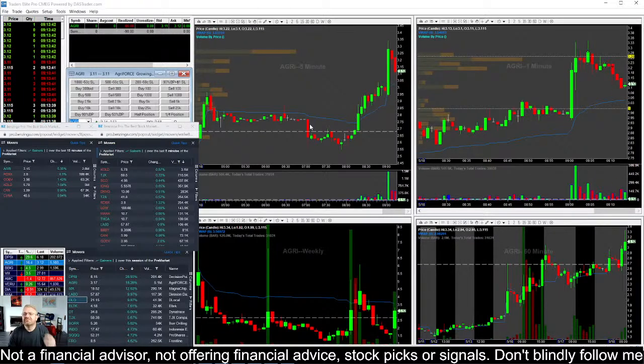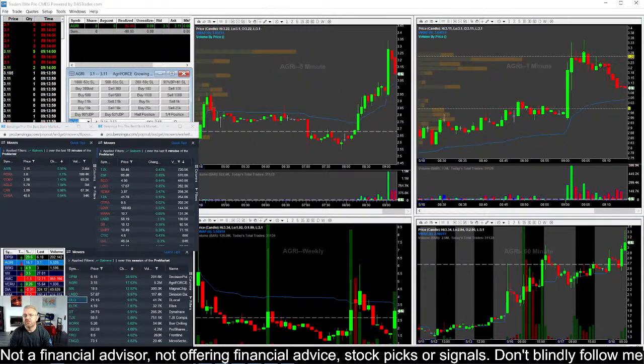Looking at this candle, 315 potential move up. Ideally, probably 323 is the target on the 5-minute. Up to a quarter, so we're almost 15 minutes to the bell.